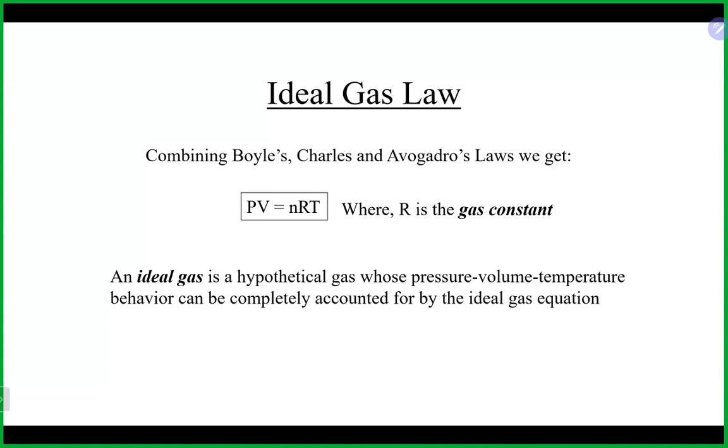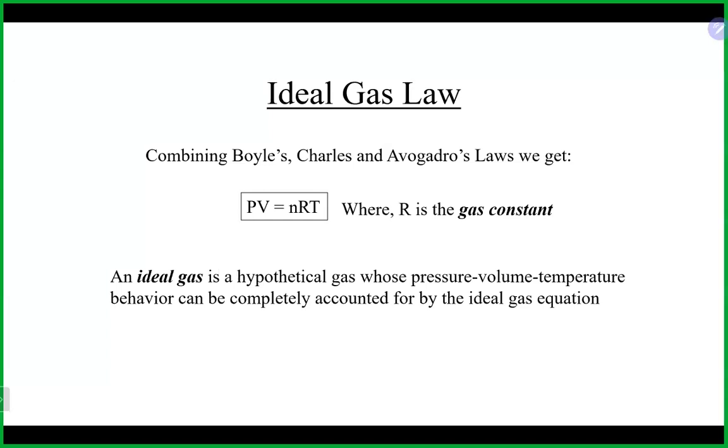What makes something an ideal gas is really 2 things that we'll talk about. One thing that makes something an ideal gas is that under ideal conditions, the volume of the container that the gas is in is more important than the volume of the gas itself.